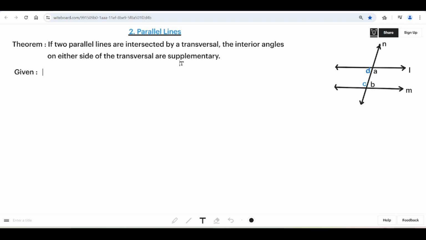As we have seen, the interior angles on the same side are D and C, the first pair, and the second pair is A and B. Those are supplementary, meaning the sum of the measures of these angles must be 180 degrees. Given: line L is parallel to line M and N is a transversal.